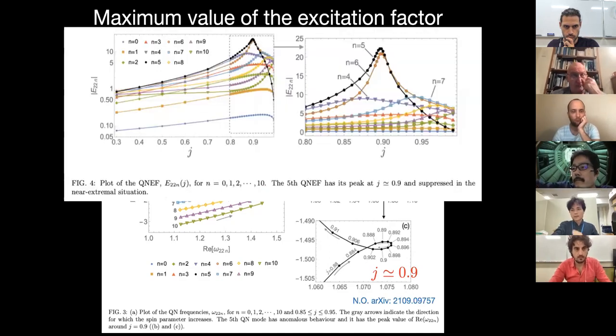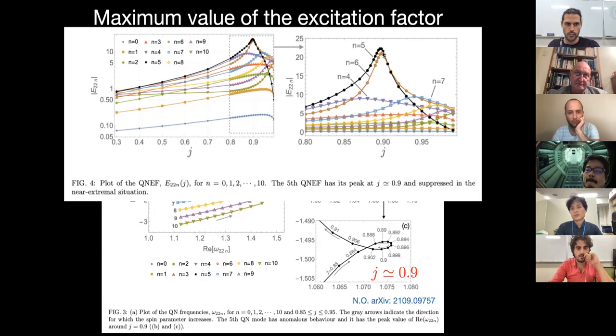Okay, at 0.9, what happened in the excitation factors? So the actual nth overtone also takes the maximum value in the excitation factors. Around the spin parameter of 0.9, the fifth overtone has the highest excitation factors.